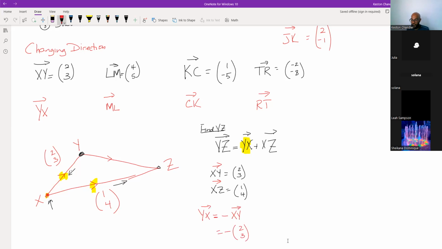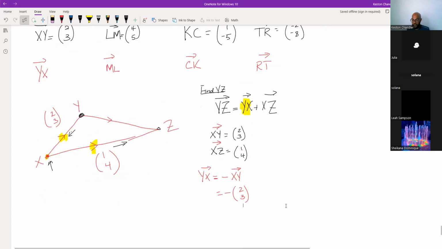And when you have a minus sign outside of the bracket, you multiply everything in the bracket by the minus sign. So I get (-2, -3). That's what YX is, the opposite direction of XY. So now I could actually go on and work this out, because now I have a value for YX.